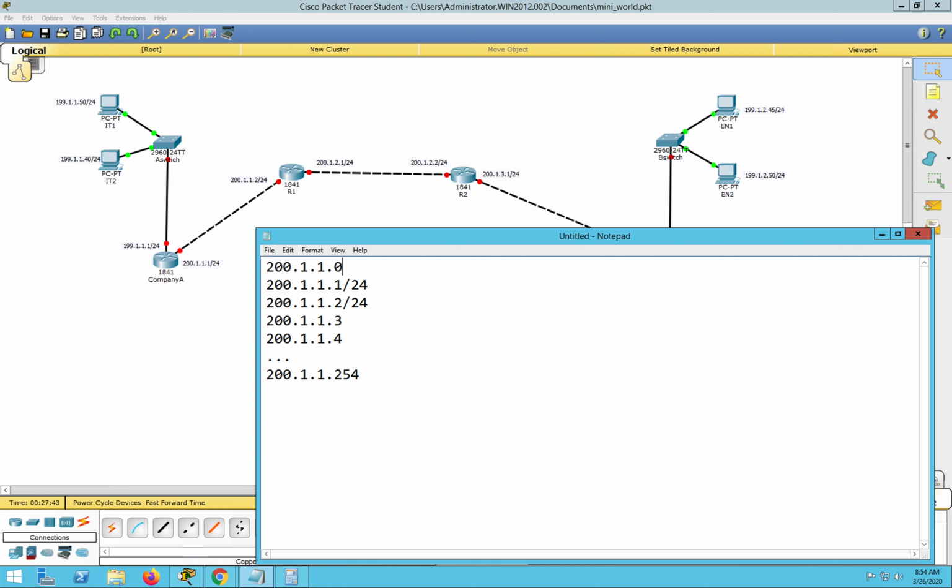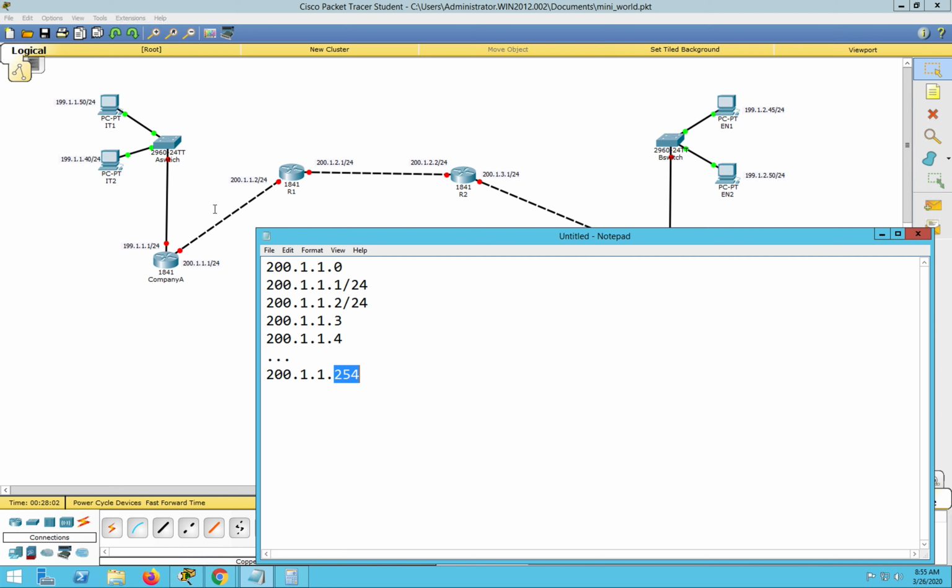This is fine, except take a look. I've got an available 254 different computers that I could put onto this network, but how many am I actually using? I'm only using this one down here, and this one here. In fact, there's absolutely no chance for anything else.